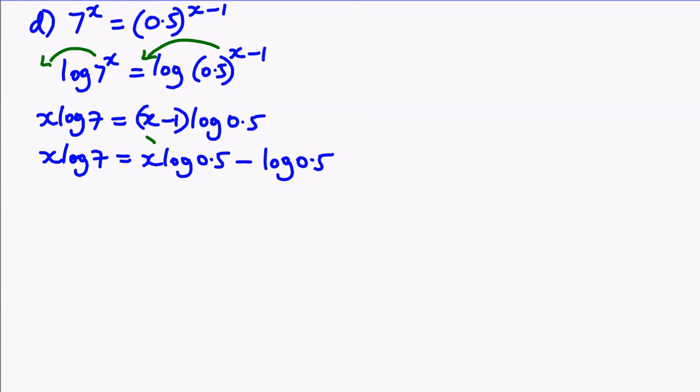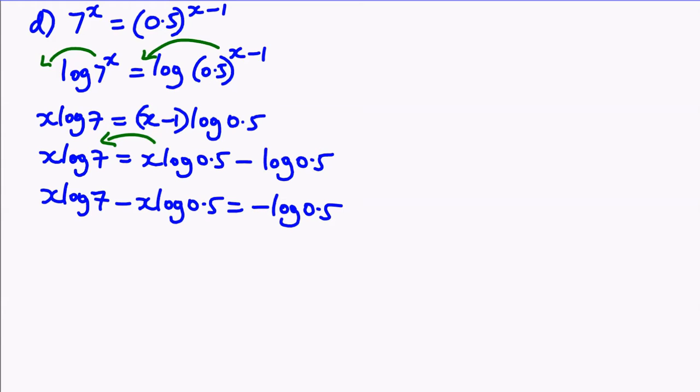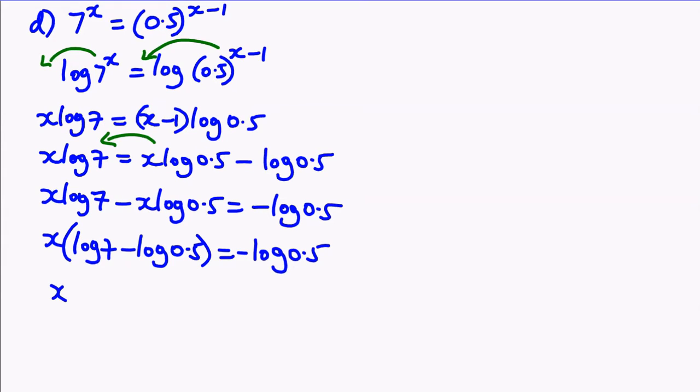Move this to the left. So x log 7 minus x log 0.5 is equal to negative log 0.5. Factorize out x. And then divide by the coefficient of x.